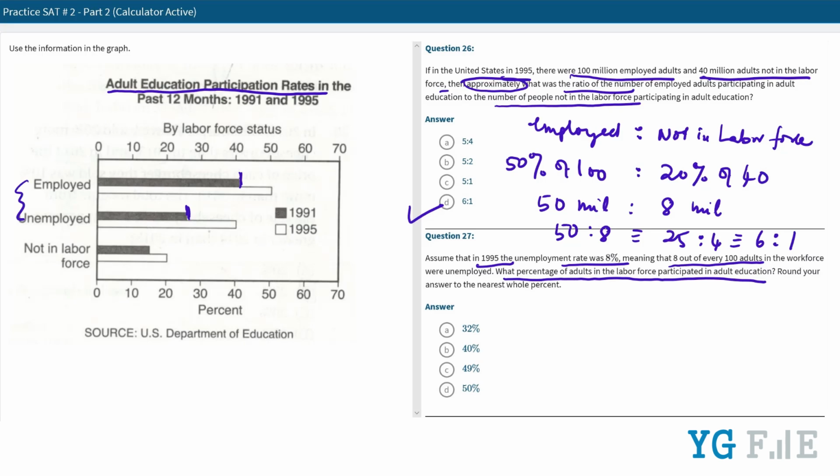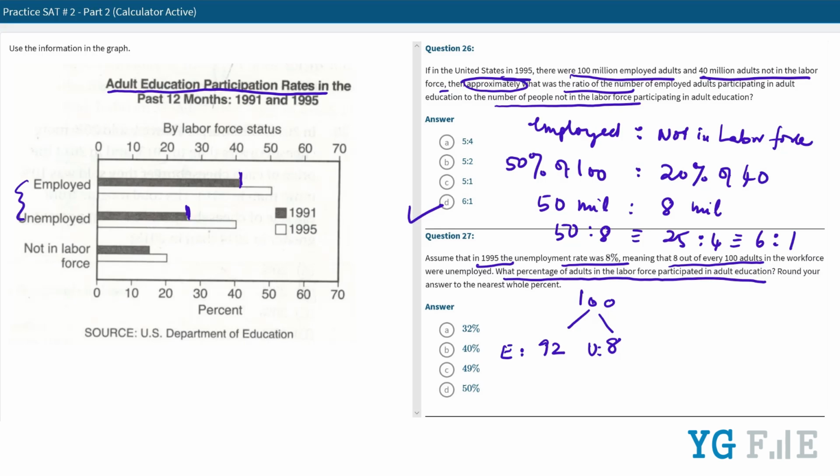We don't know the population, but we can just assume 100. Out of 100, 92 people are in the employed category and 8 people are unemployed. Let us write this as employed and this as unemployed.